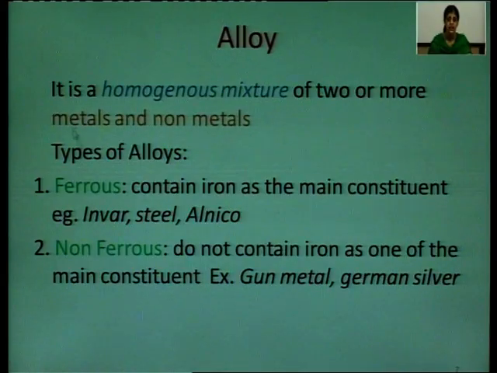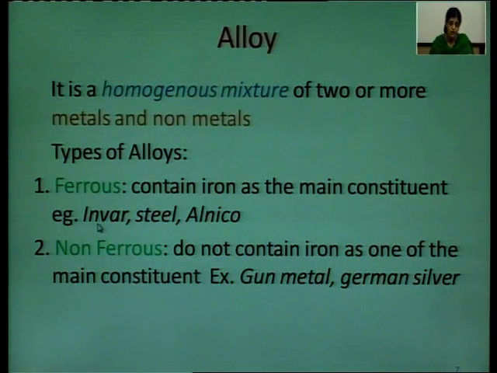As the name indicates, ferrous alloys are those alloys which contain iron as the main constituent. Ferrous word is coming from iron, so that means ferrous alloy contains iron, and non-ferrous alloys do not contain iron as one of the main constituents. They do not have iron.